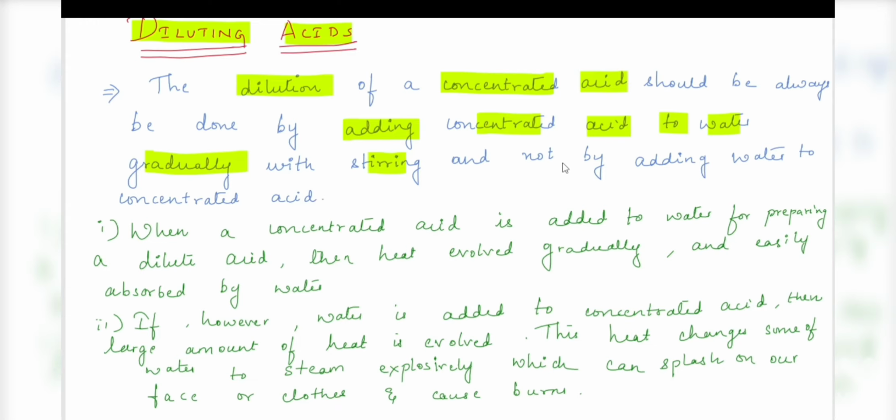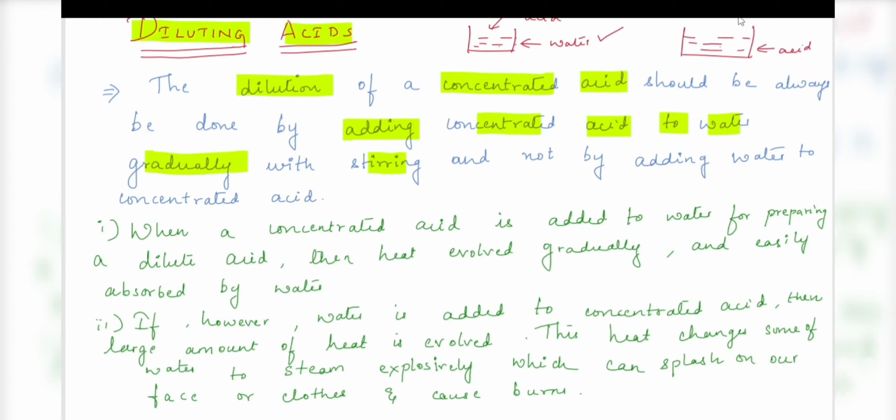So the method for diluting acid is to add acid to water. This is the correct procedure for the diluting process. Never take the acid and add water to it. This is a wrong procedure.